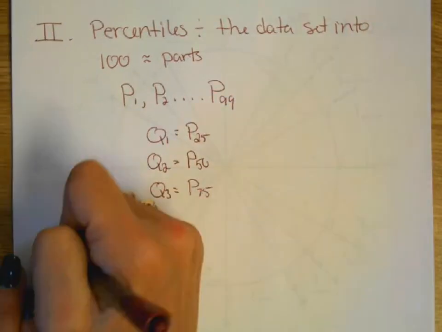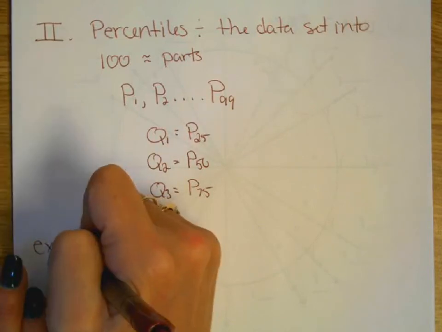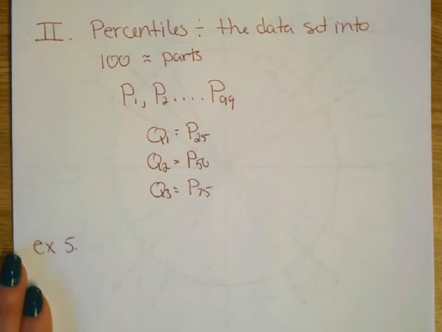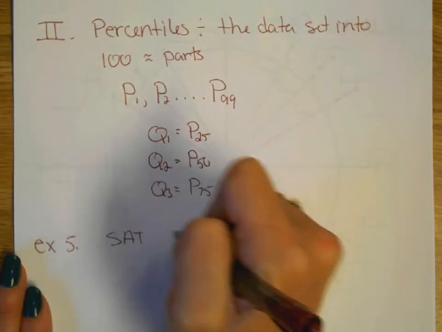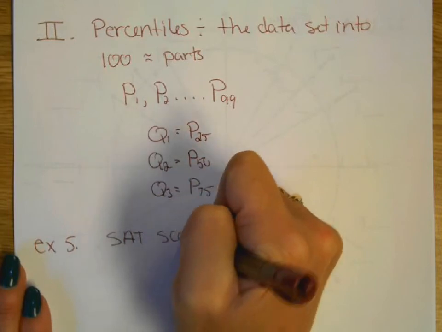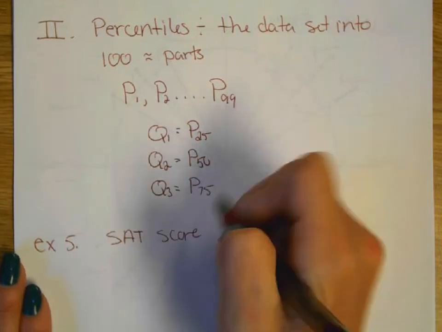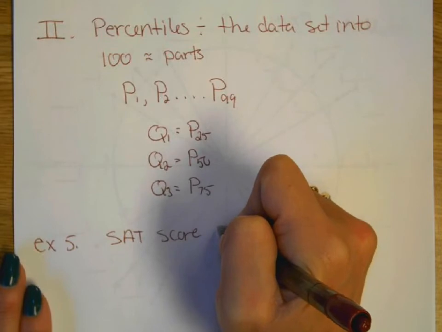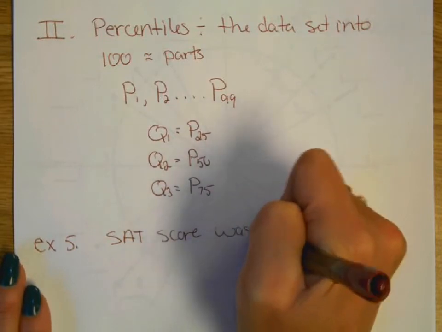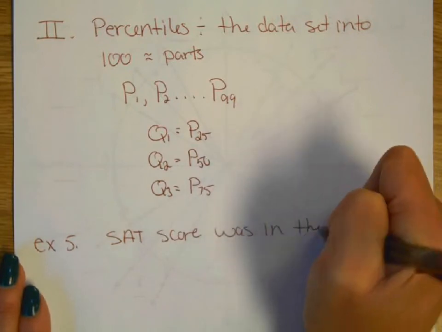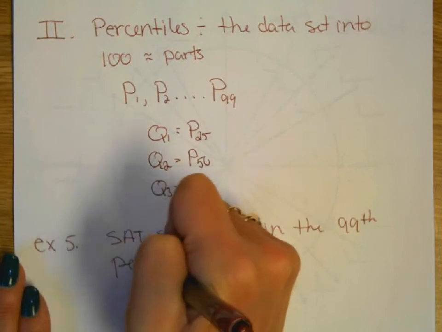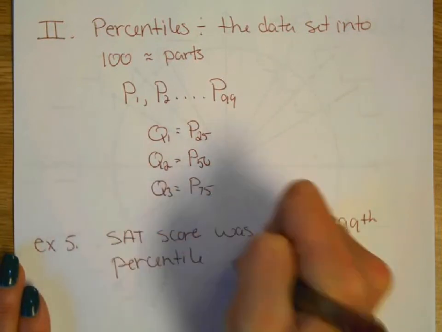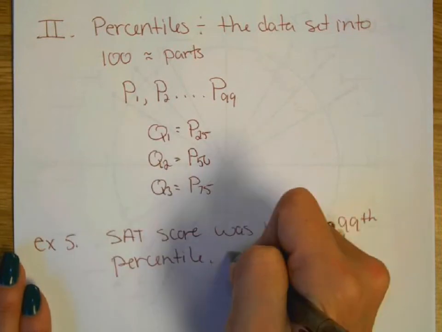So the last thing I want to do here is look at, I don't know if I'm on 5, yep. We had an SAT score last year. I'm not going to say who it is, you might know who it is, that represented the 99th percentile. Can you explain what that means?